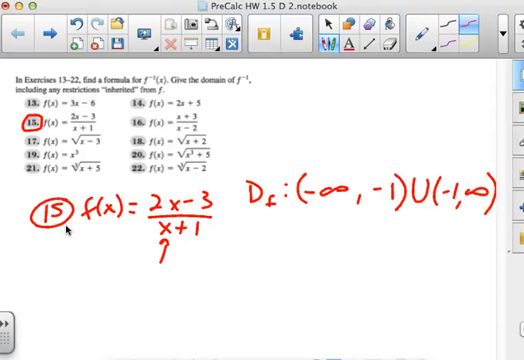So if I can't use a -1 at that point, then this becomes about what's happening with the range. What is that doing to this function? And so what you would do is graph it and take a peek and figure out just exactly what that is doing to the range of this function by taking 2x minus 3 and dividing that by x plus 1 if we cannot include the -1.